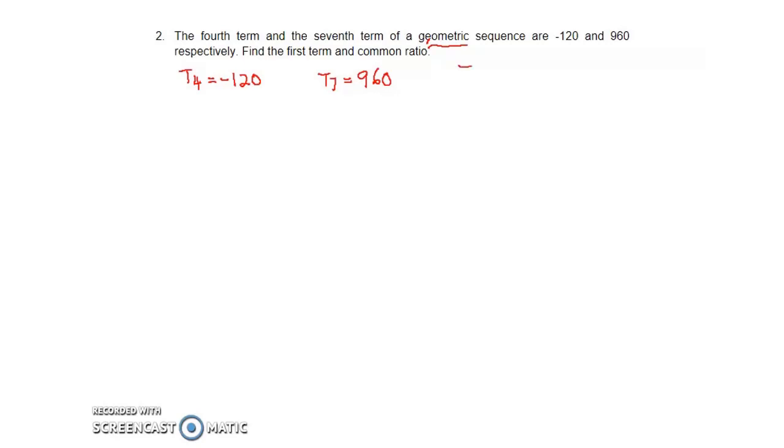The geometric sequence formula is Tn equals AR to the power of n minus 1. First step, write T4 and T7 using the general term. T4 equals AR to the power of 3 and T7 equals AR to the power of 6, since 7 minus 1 is 6 and 4 minus 1 is 3.